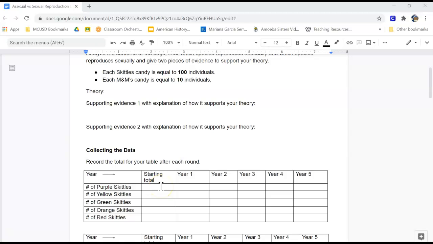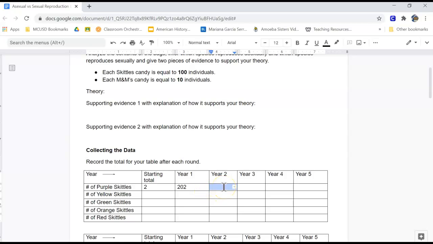So let's do that as an example. Here your starting total of purple is 2. For year 1, each one is equal to 100 individuals, so that would be 2 times 100. That's 200 plus this 2, so it'd be 202.